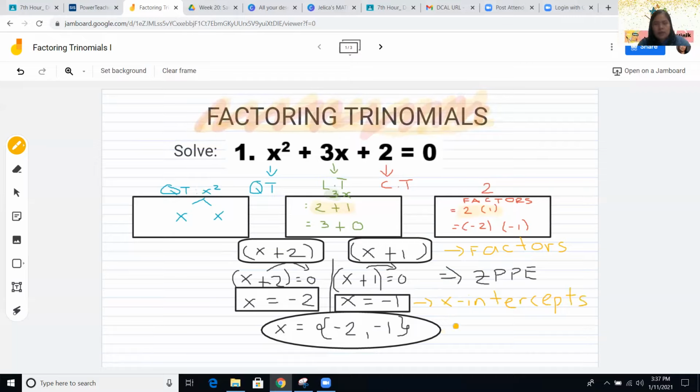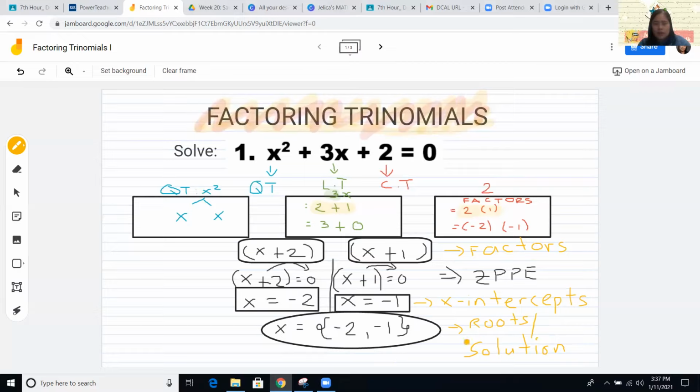Okay, and these are also what we call the roots and solutions. Just to clarify them, okay? So factors is different from x-intercept, roots, and solutions, okay?